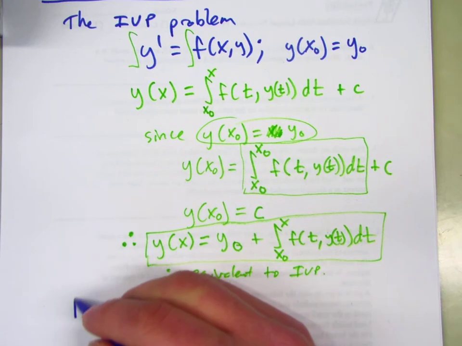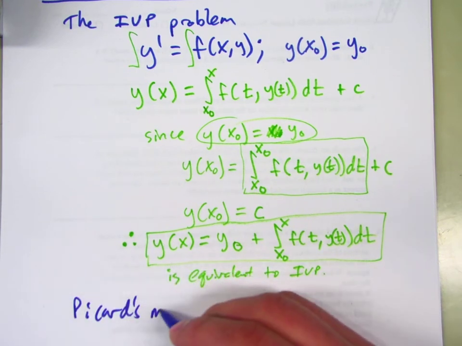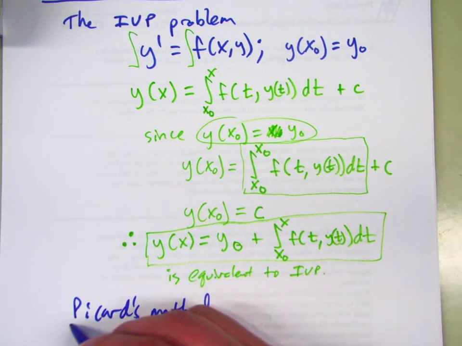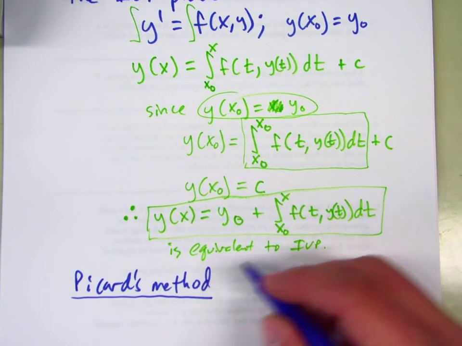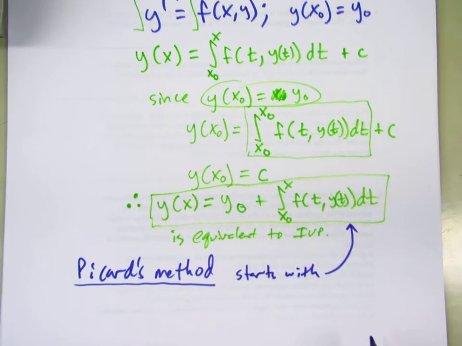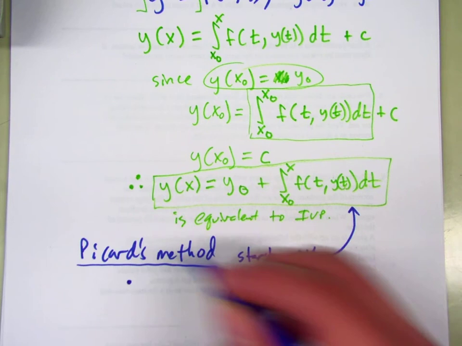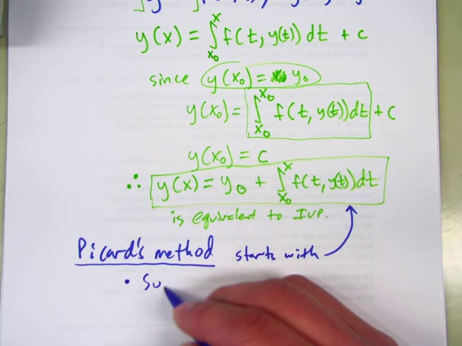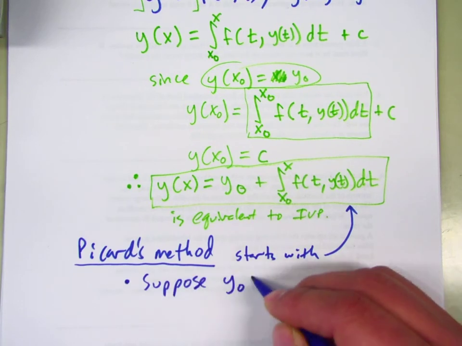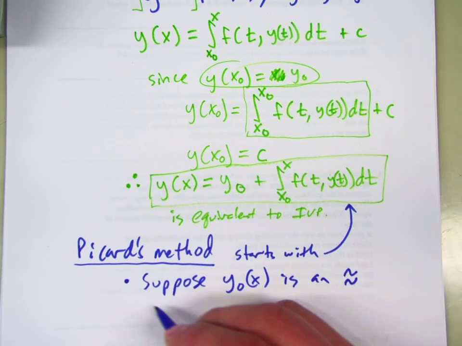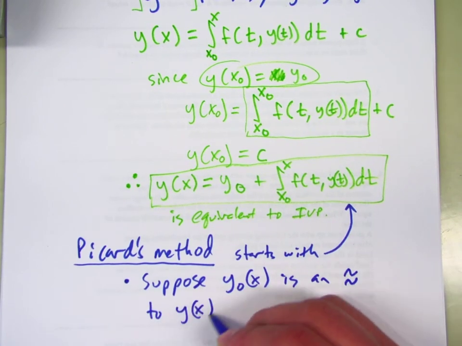And so Picard's method, it's a method of iteration. Starts with this equation. Okay? And so now we're going to suppose that y0 of x is an approximation to the solution y of x.